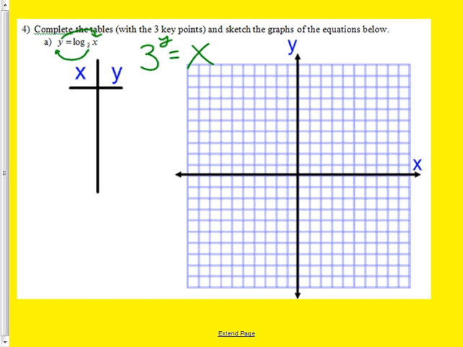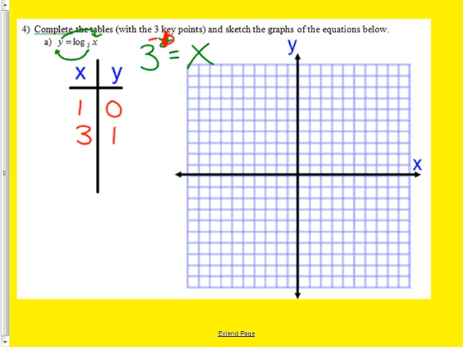So give me some options. What do you think is a good y to put in there? 0? 0 is a good choice because 3 to the 0 equals what? 1. Good. And then what else could I put in for y? 1, because 3 to the 1 is easy to do, so I'm putting in y is 1. And what does it come out to for x? 3. And then let's keep going.